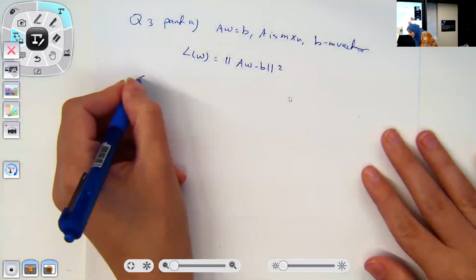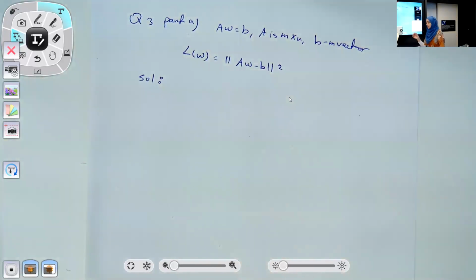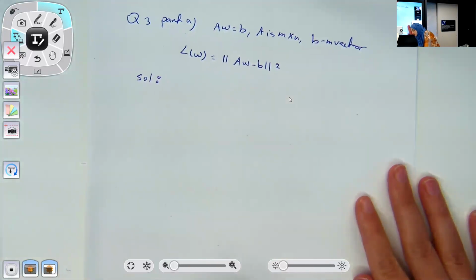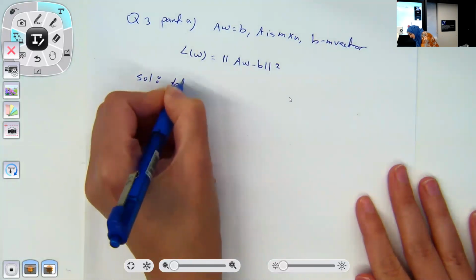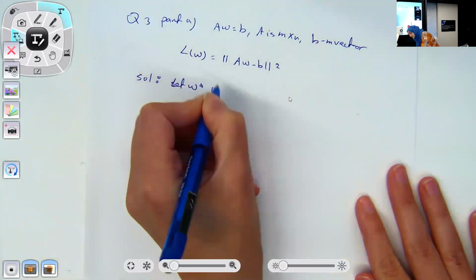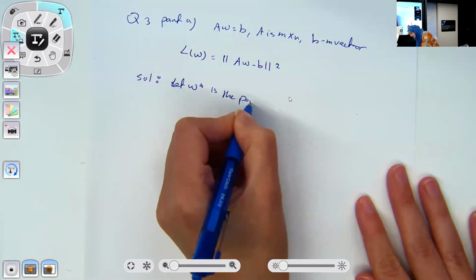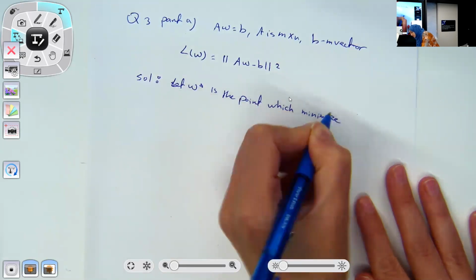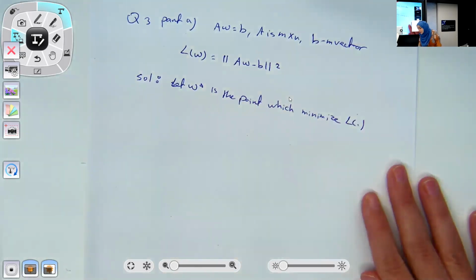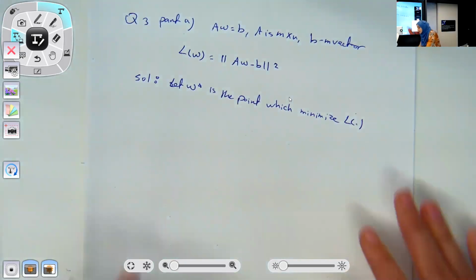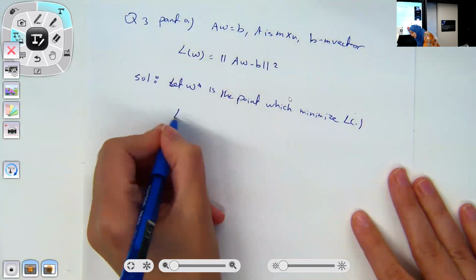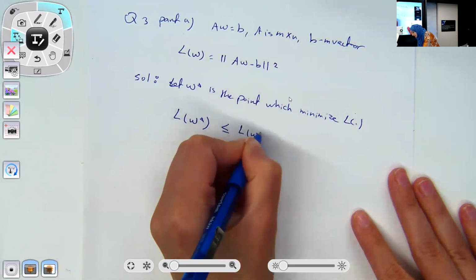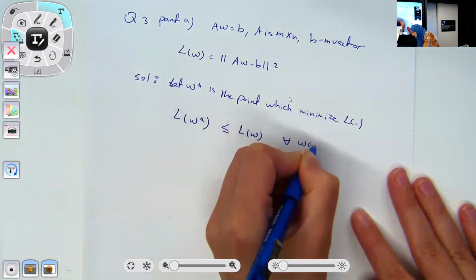Now, the solution. Suppose that the point which minimizes this function, call it omega star. So at the beginning, let omega star be the minimizer, the point which minimizes the function L. Because it's the minimum point, if you substitute in this function, L of this point is less than or equal to L of omega for all omega belonging to Rn.